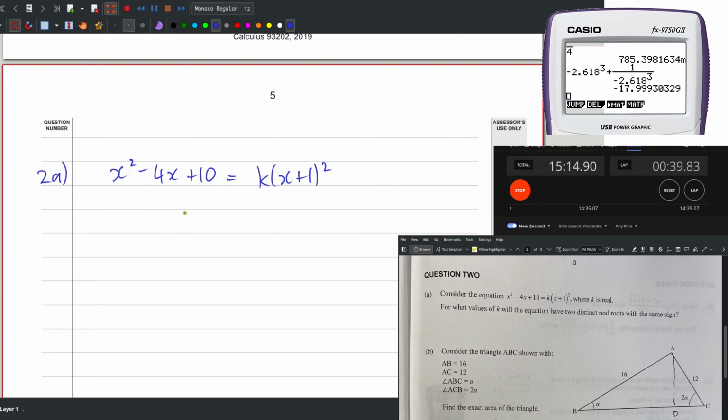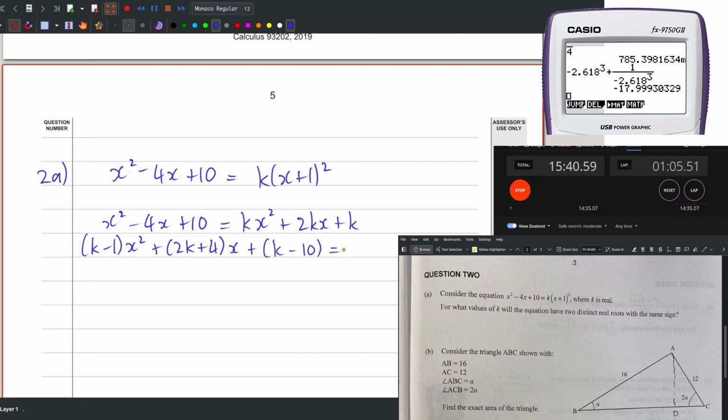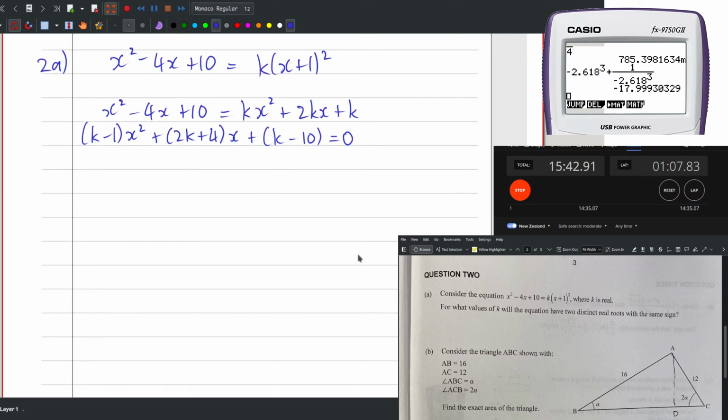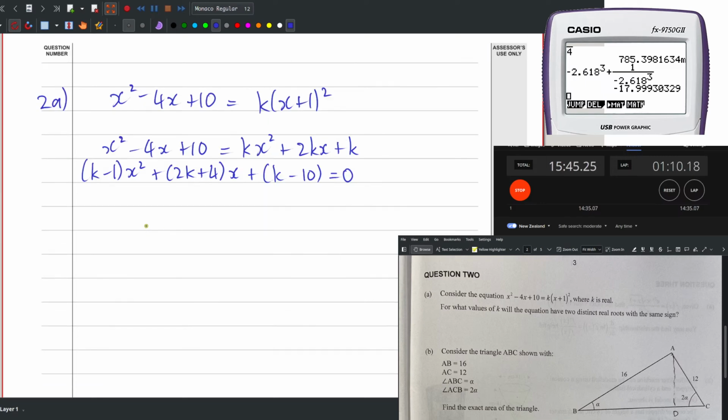Okay, so for this one, you just expand it, and then you take the discriminant with the same sign. Whatever. We'll get to that part later. Okay, so I guess the same sign part is like the easiest.